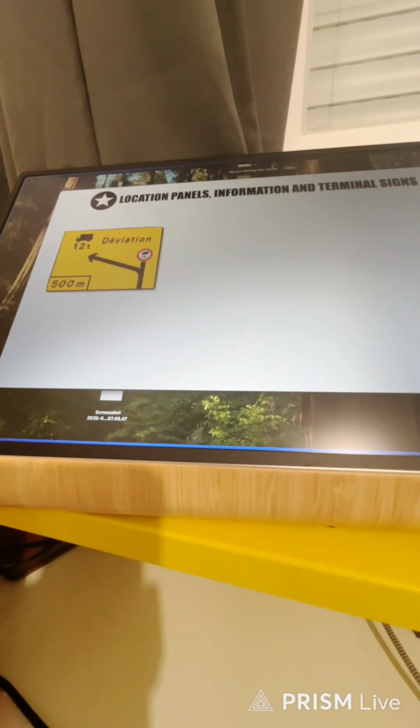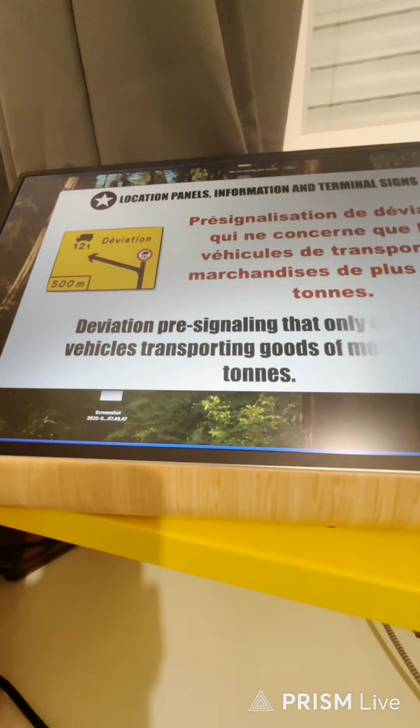They will take the other road, which is your left hand side. Exactly. So at 500 meters. Exactly. That's it. It doesn't concern you.